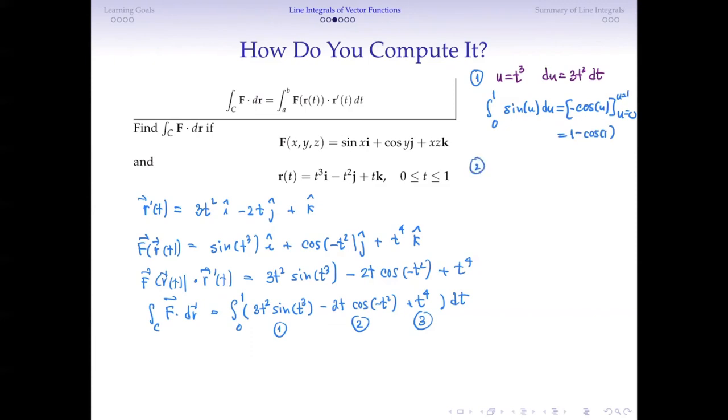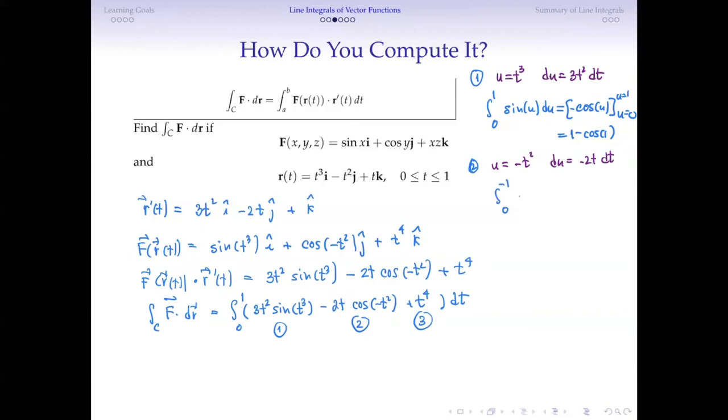For integral number 2, again, there's a natural substitution. u equals minus t squared, du equals minus 2t dt. So making the substitution both in the integrand and in the limits, let's see, when t is 0, u is 0. When t is 1, u is minus 1.